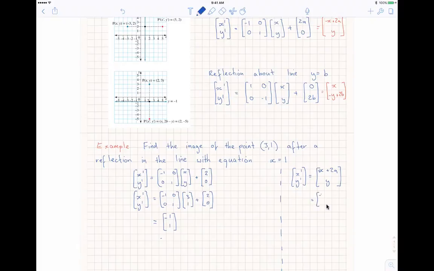So we have -3 plus 2 times our a, which was 1, over our y, which was 1. And we get -1, 1. So I didn't need to use my CAS if I did it that way.